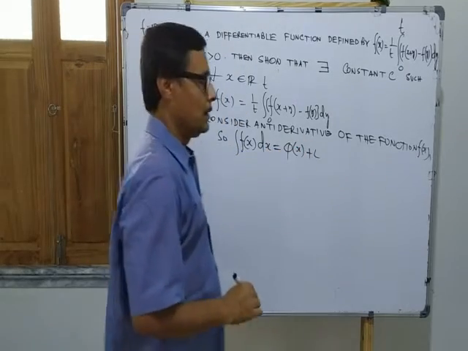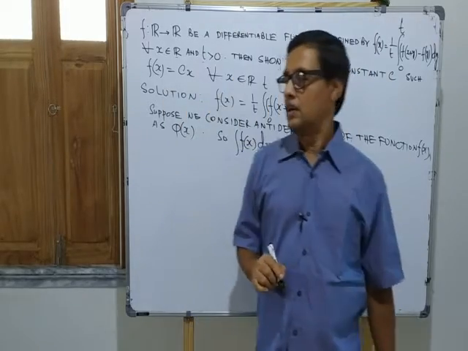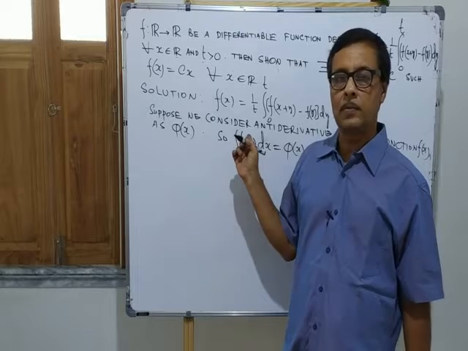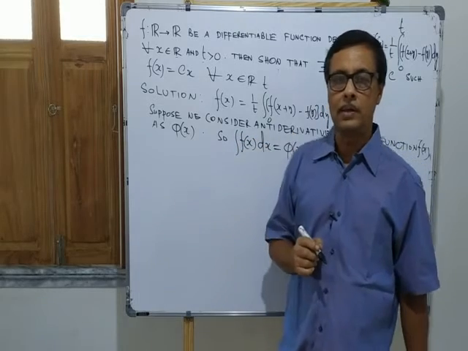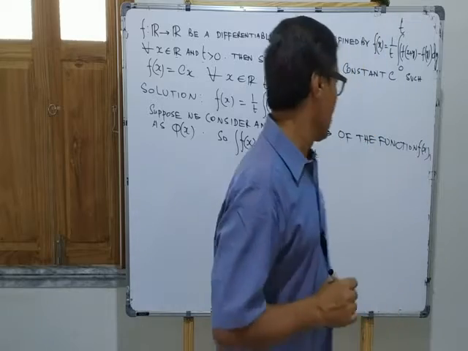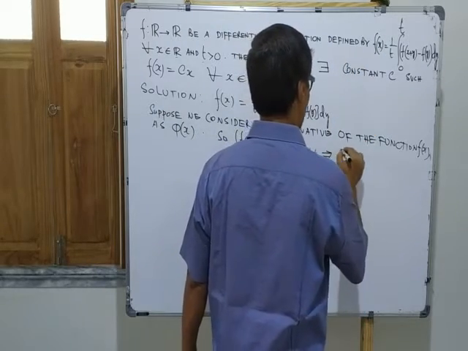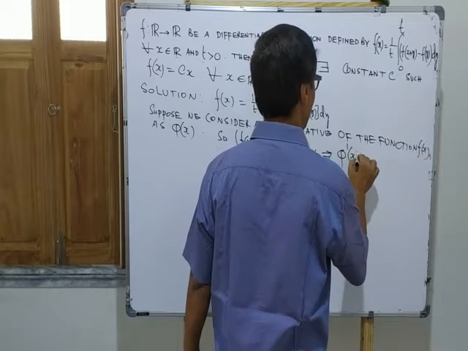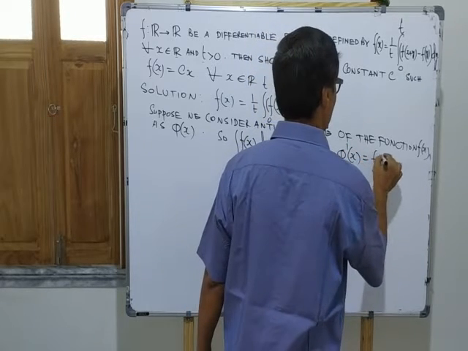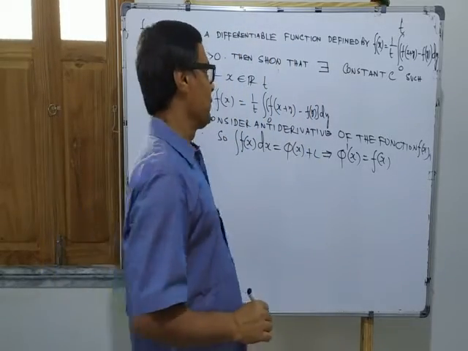Phi(x) is considered as the antiderivative of the function f(x). Every integrable function has its antiderivative. So we can also write phi dot x, that is the derivative of phi(x), equal to f(x). Derivative of phi(x) equal to f(x).